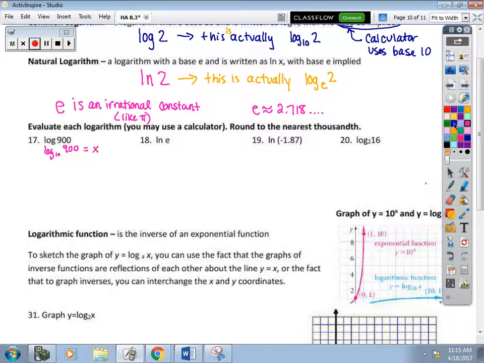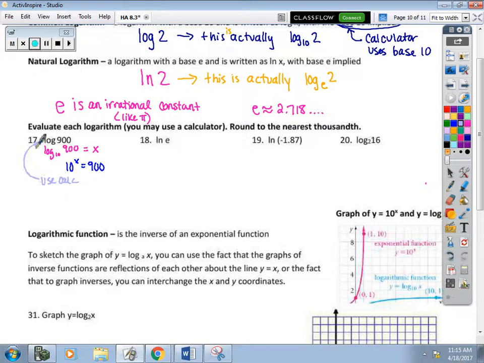I would then change it to exponential form, which is 10 to the x equals 900. And then I hit a roadblock. 10 to the first is 10, 10 to the second is 100, 10 to the third is 1,000. So I don't know a whole number that I can plug in and get 900. Okay. So at this point I would want to say let's use the calculator.